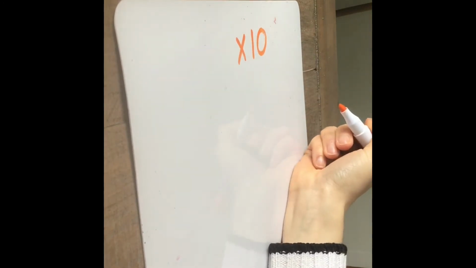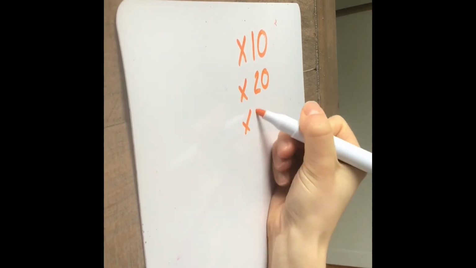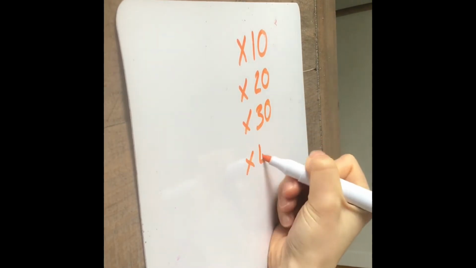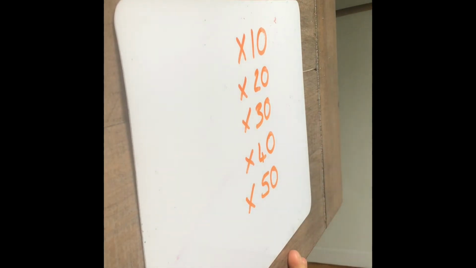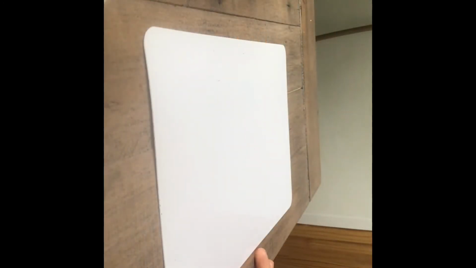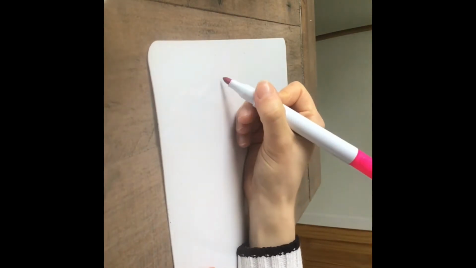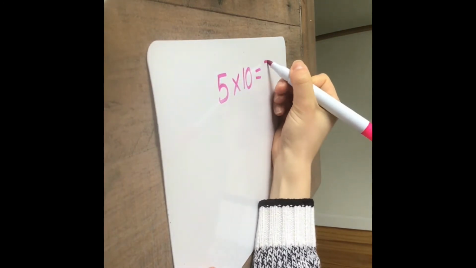But what if we wanted to multiply by 20, or 30, 40, 50, and so on? Well, we can use the SMILE method to help us work it out. And I'm going to show you how. So let me just show you, we know that, say, 5 times 10 equals 50, yeah?